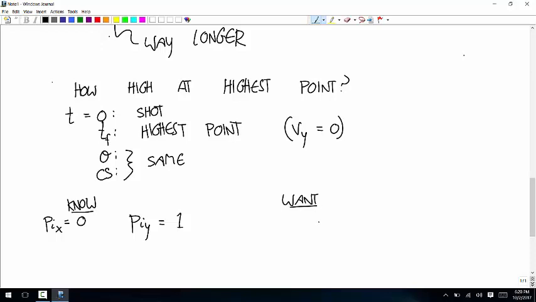We don't know anything about it, but what we're trying to find is PFY. Do we know anything about the initial velocity? That's the same as it was before. VIX is 499.92. VIY is 8.73.